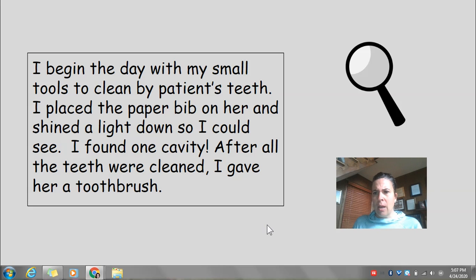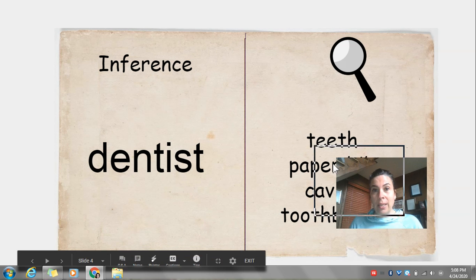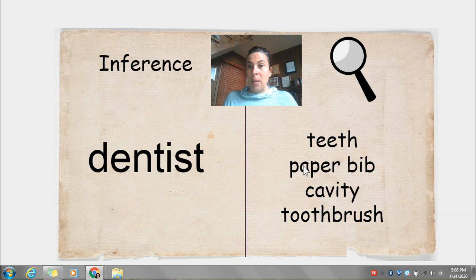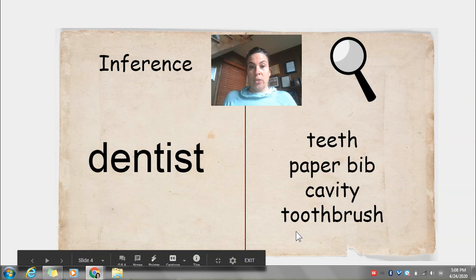Those were my clues. What do I know about those clues to help me make my inference? Do we have the same inference? Did you say dentist? You're right. My inference is a dentist, and my clues were the teeth, the paper bib, the cavity, and the toothbrush.